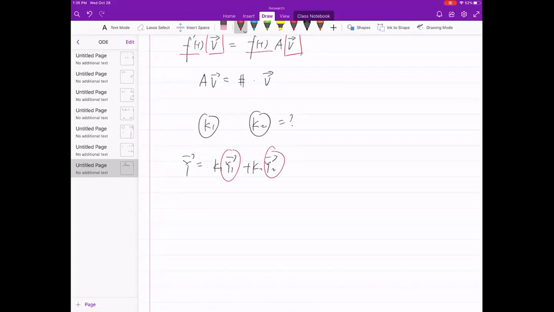Which means you take your initial condition and decompose it into two initial conditions on the two straight lines. You will know k1, k2, then you know everything, because these two constants stay the same for any t. Does that make sense here?